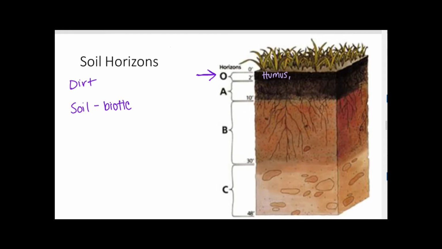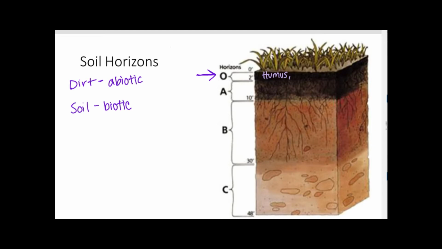When you think about dirt, like the dirt in my yard, typically we think of that as abiotic because it's weathered rock and stuff like that. But this whole profile is soil. So a lot of times in APES, we'll consider soil to be biotic because it does have this living layer. So this top layer is super important and nutritious for plant growth.